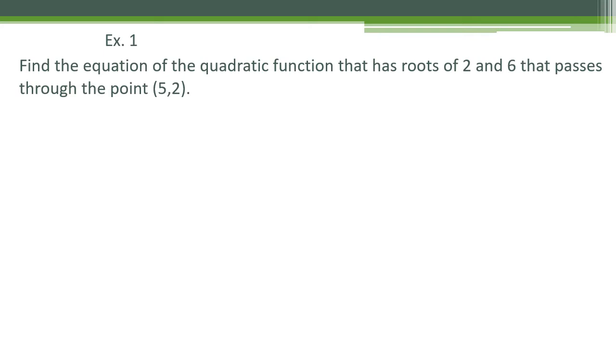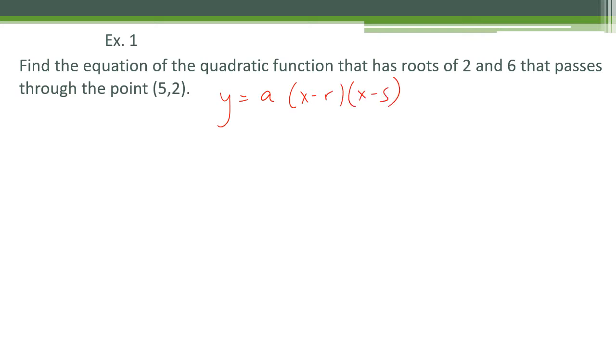For our first example, find the equation of the quadratic function that has roots of 2 and 6 and passes through the point (5, 2). If you are given the roots, again, another word for zeros or solutions, that means you should start with factored form as a roadmap. So let's start with this: y equals, and if you remember factored form, (x minus r)(x minus s).